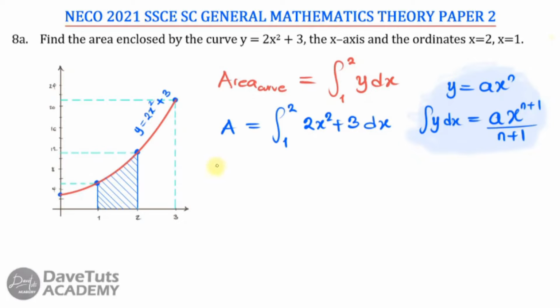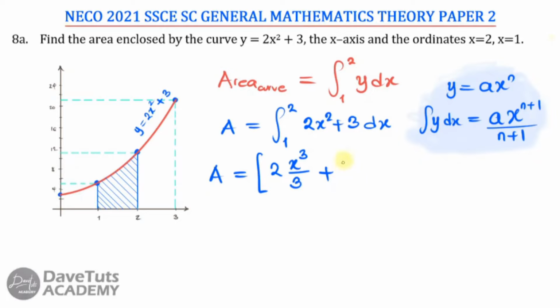So by the time we want to make use of that, we can say our area is nothing but, now for us to find the integration, we still have 2, then we have x, we increase the power by 1, that's 3, because 2 plus 1 is 3, then we divide by that new power, which is 3, okay, plus 3 is a constant, and the integration of a constant will just be that we bring the variable into it, because this is like 3 times x raised to power 0.